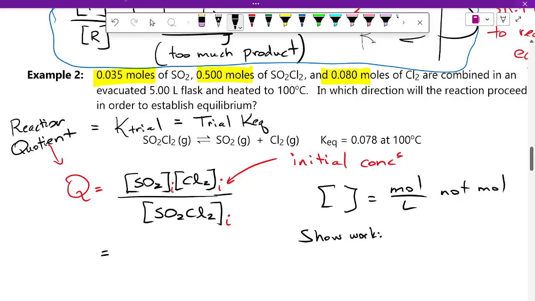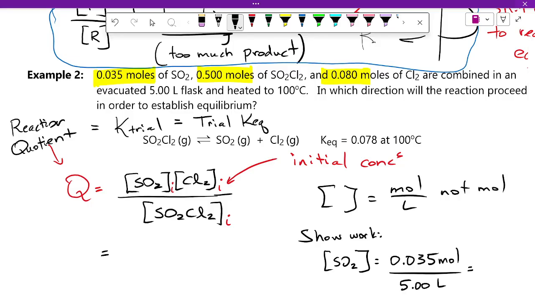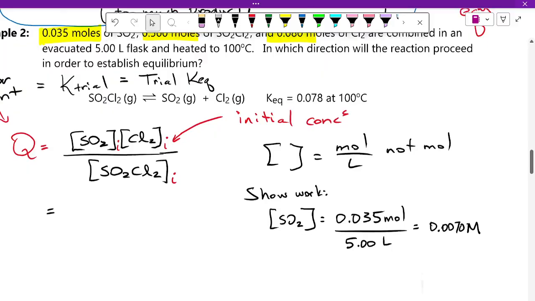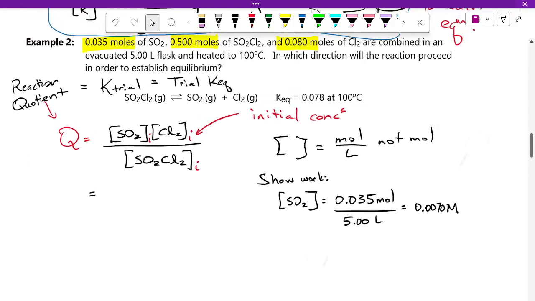Okay, so concentration of SO2, 0.035 moles over 5 liters. Okay, and you would do the same thing for the other 2 as well.